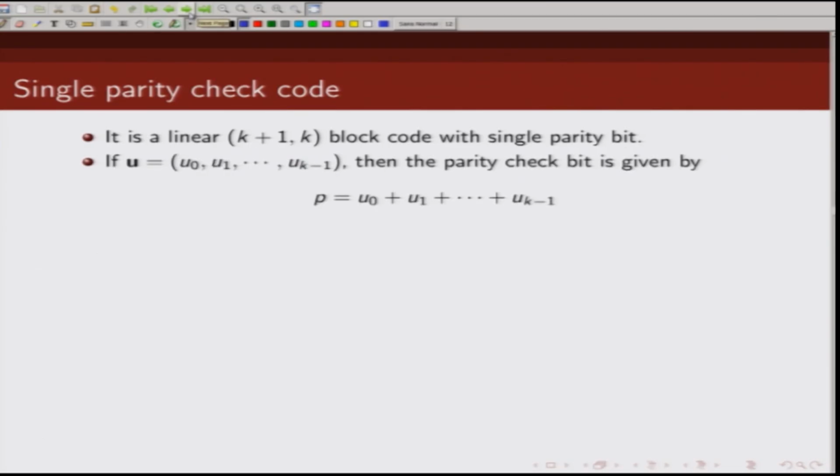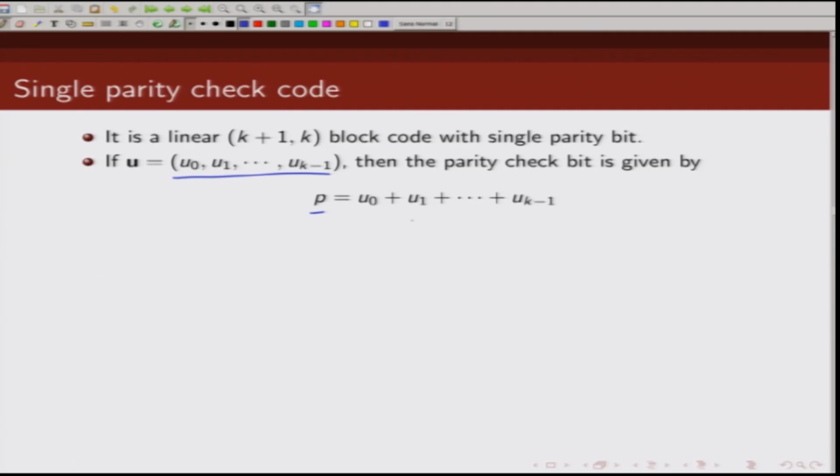This is as follows. If you have a k bit information sequence, let us call it u0, u1, u2, up to uk minus 1, then we generate this additional parity bit in this fashion: p is equal to u0 plus u1 plus u2 up to uk minus 1.